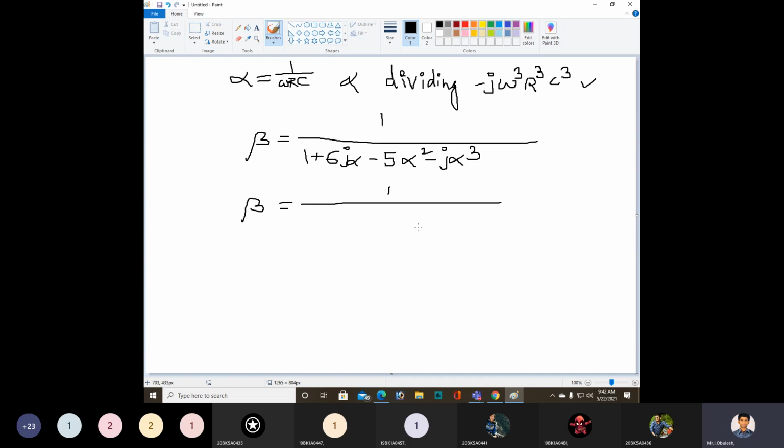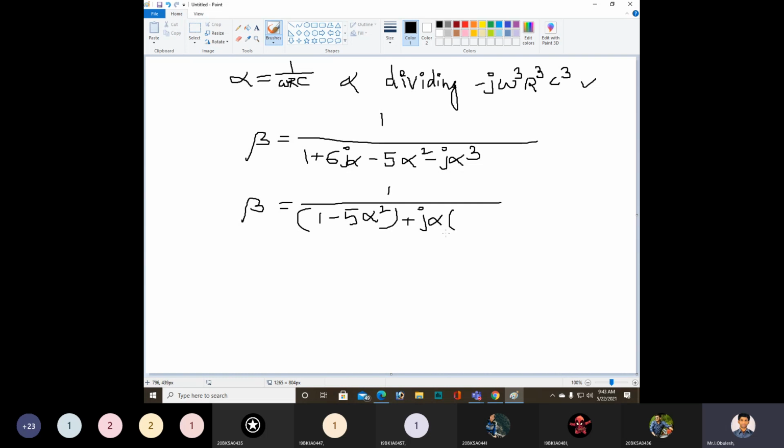So you need to write it in the form where you take 1 minus 5 alpha square common, plus, from these two terms you need to take j alpha as common.